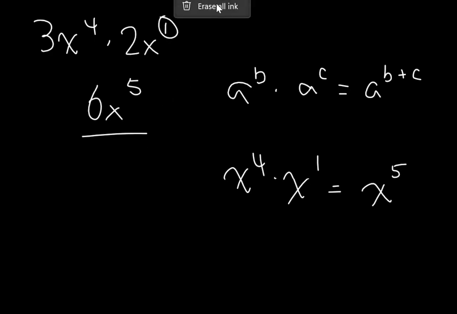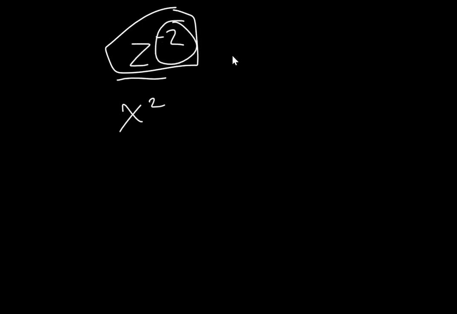Alright, so the next question was z to the negative 2 over x to the second. The first thing you need to do is realize that this exponent is a negative exponent. So we need to move just this term to the bottom, to the other side.